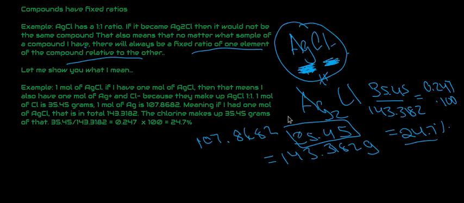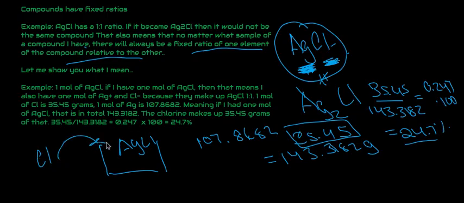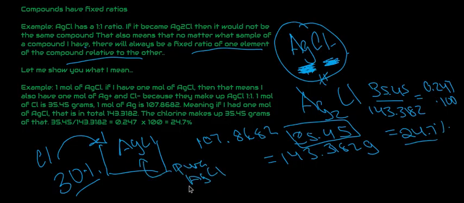So this is also something that you can use to really think logically. If I have a solution and I told you that it's AgCl, but then you got your magic chlorine tester and tested how much chlorine there is, and it came out to be 30% chlorine, then you know there's no way that this is pure AgCl, because it should have come out as 24.7%.